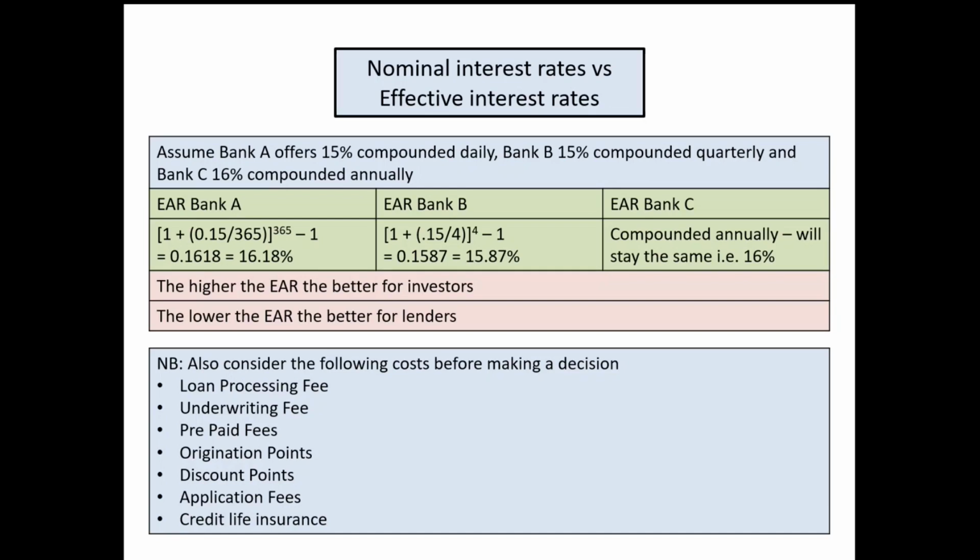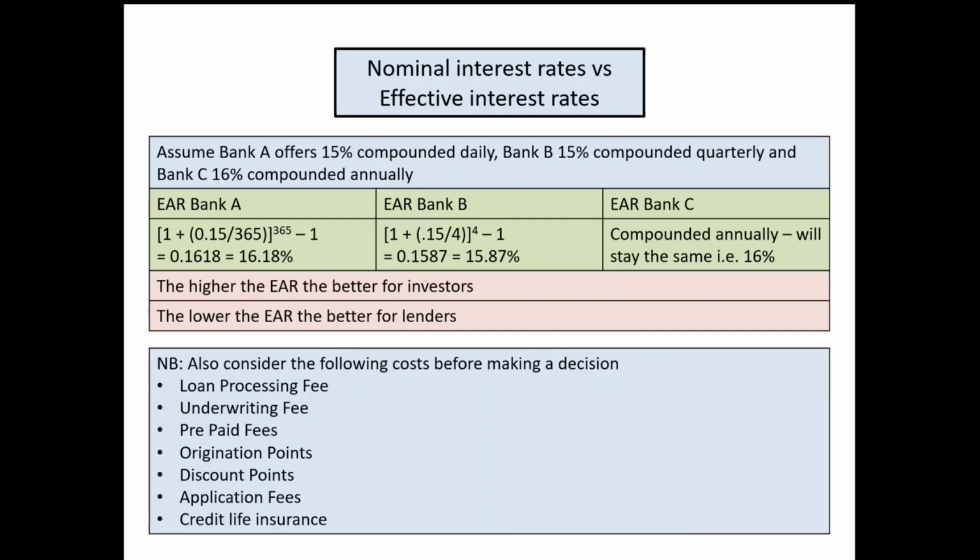Same if you just had 15%. So you now say 1 plus, in brackets, 0.15 divided by 4 because it is compounded quarterly, and we raise it to the same power minus 1. That is how you're going to key it into your calculator.